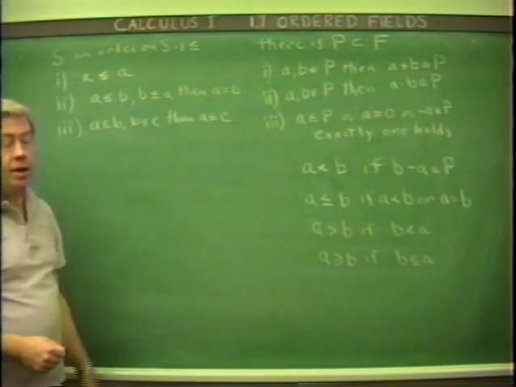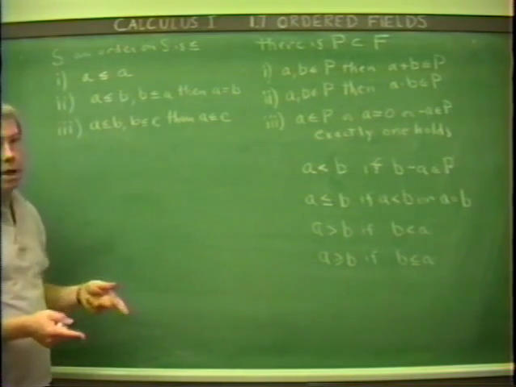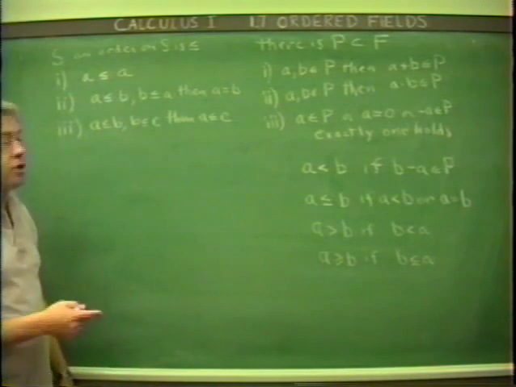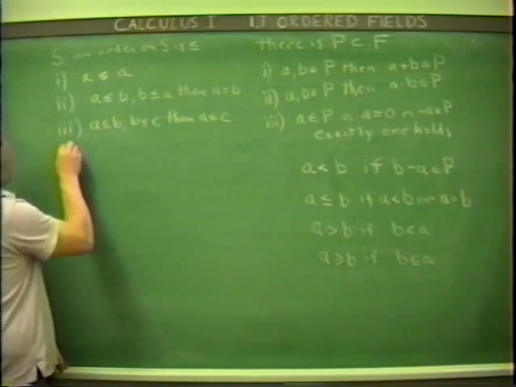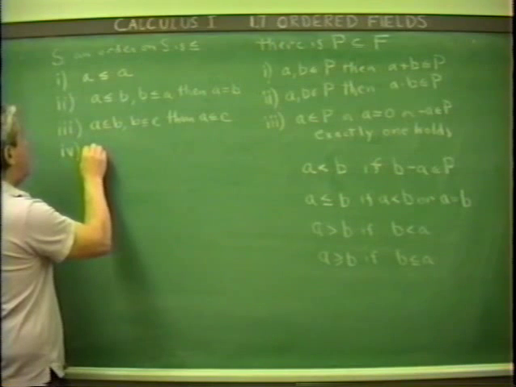We need these three rules. We also need another one. These three rules do not guarantee that any two elements from the set S be comparable to each other. That's to say that either one be less than the other or vice versa. So we need to assert that.